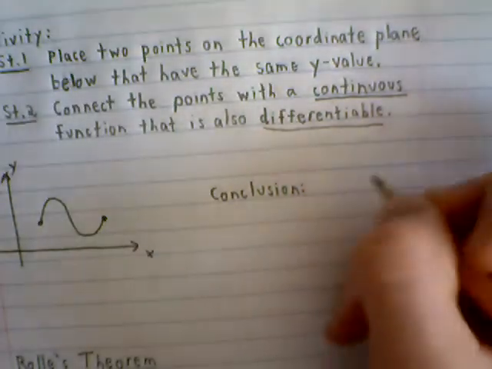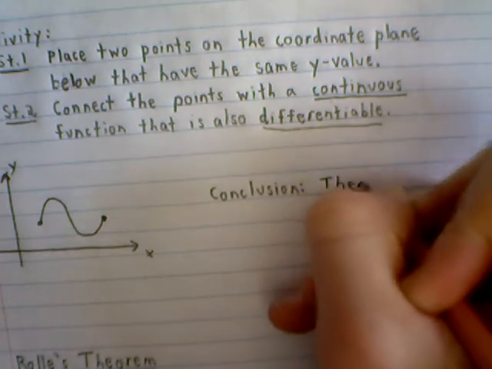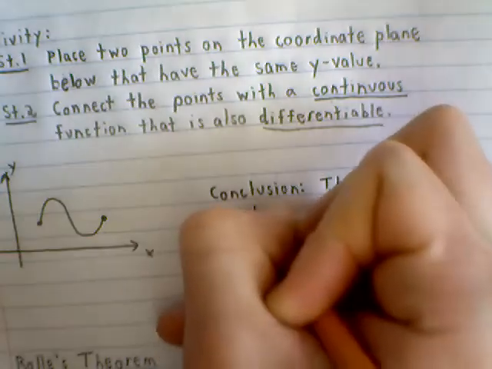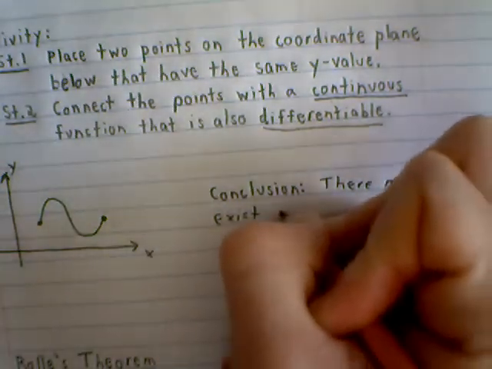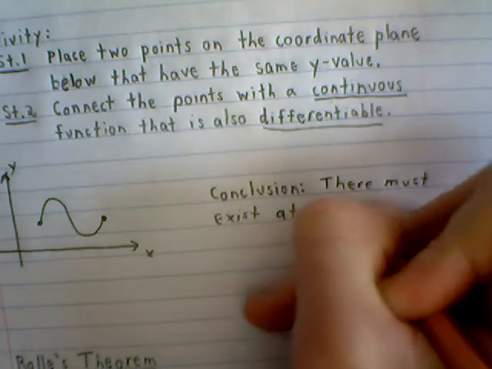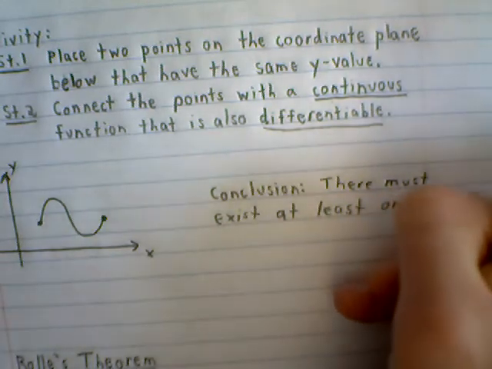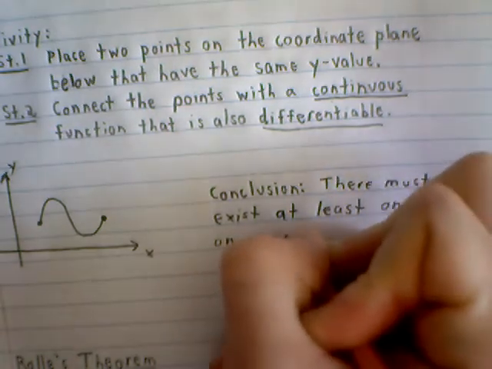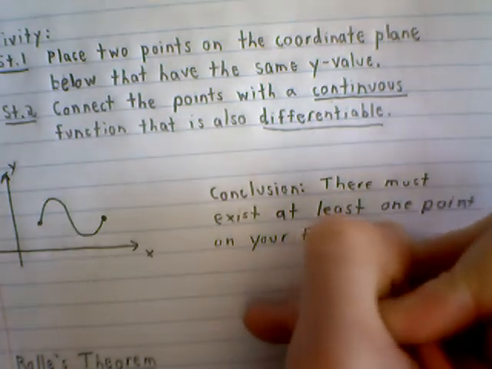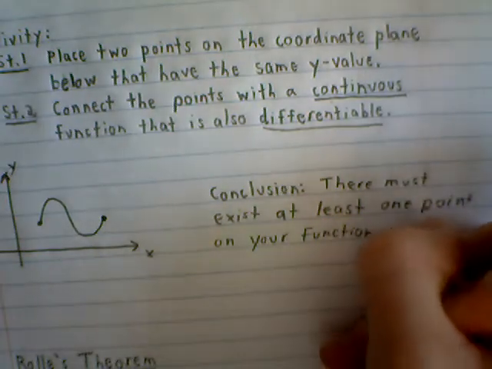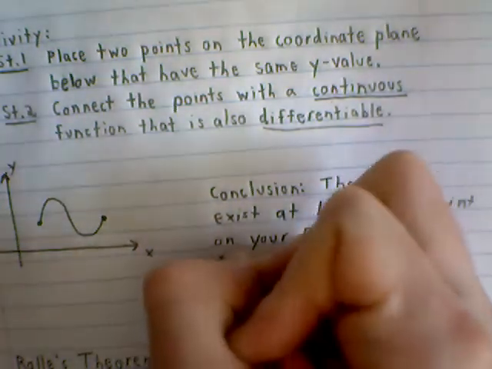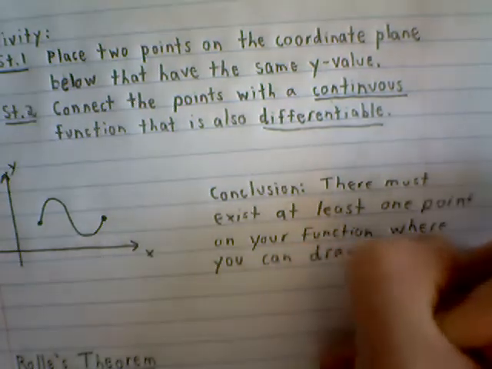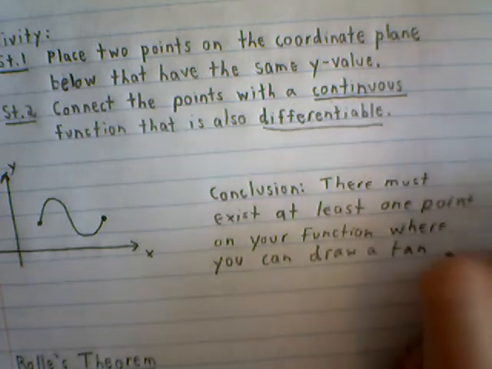there must exist at least one point on your function where you can draw a tangent line that is horizontal.